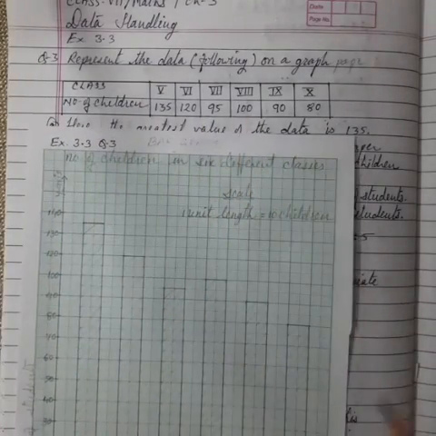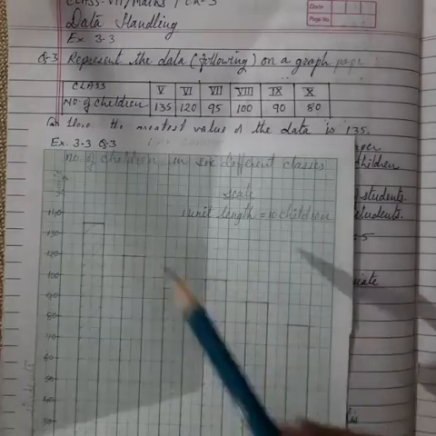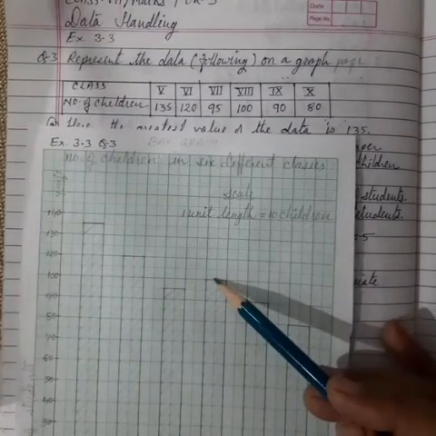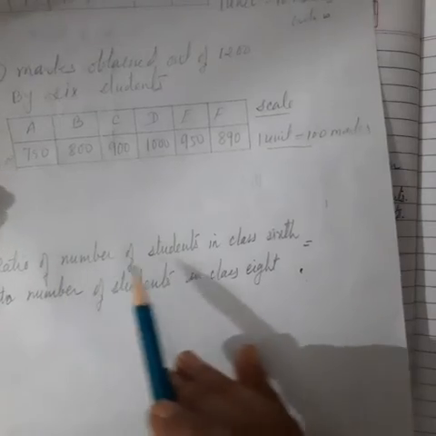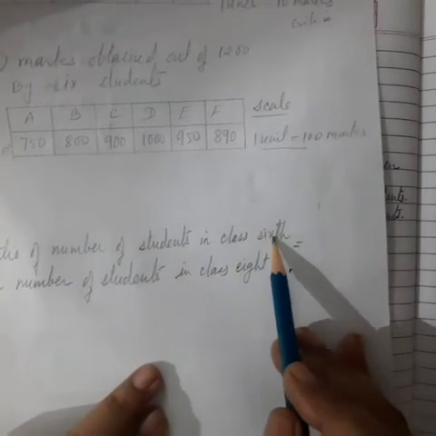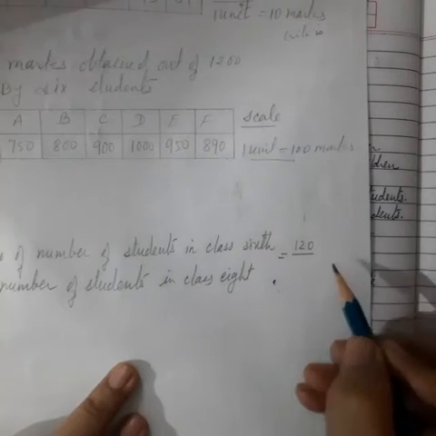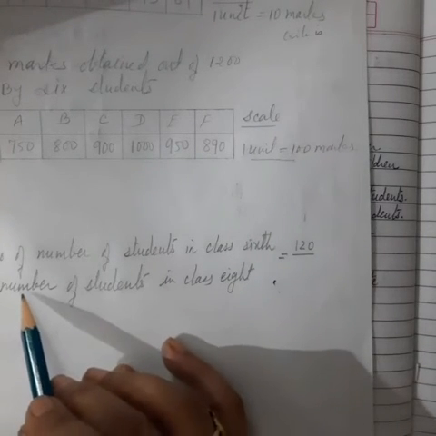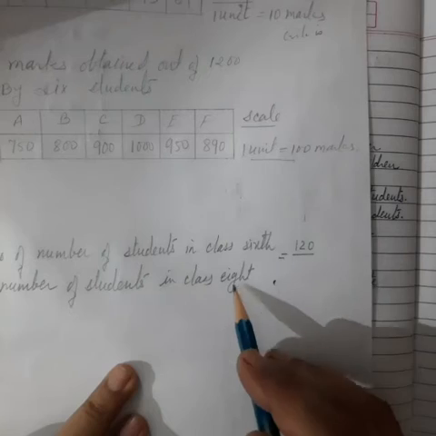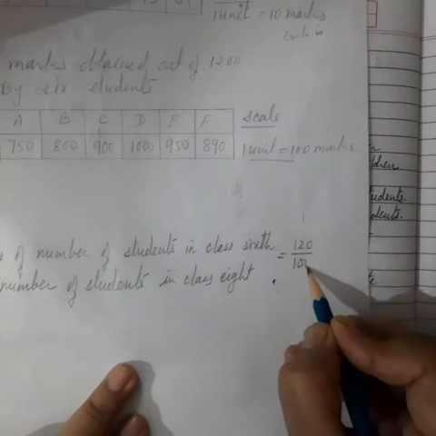Class 6, 120, and class 8, 100. Class 6 first we have to write, so it is 120. And the denominator for the next term, number of students in class 8. Class 8 number of students are 100.